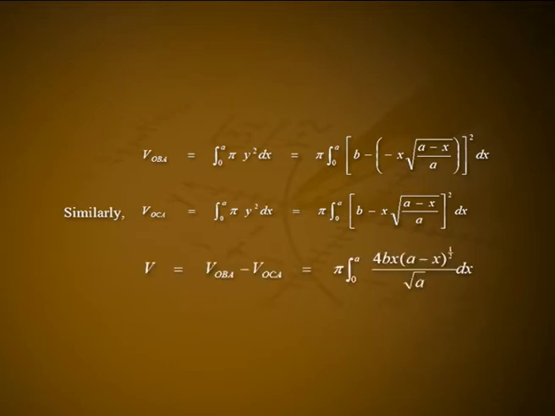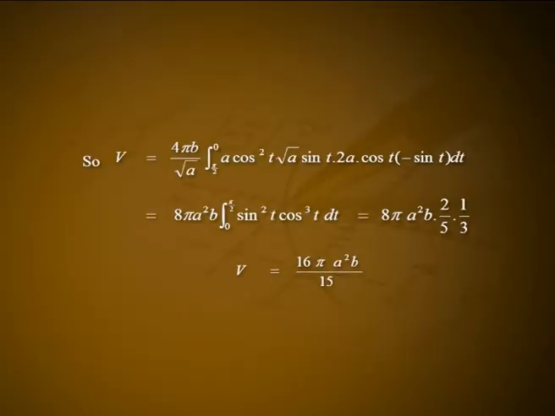V = V_OBA − V_OCA, that is equal to π ∫ from 0 to a of 4bx(a − x)^(1/2)/√a dx. Put x = a cos² t. As x varies from 0 to a, t varies from π/2 to 0.